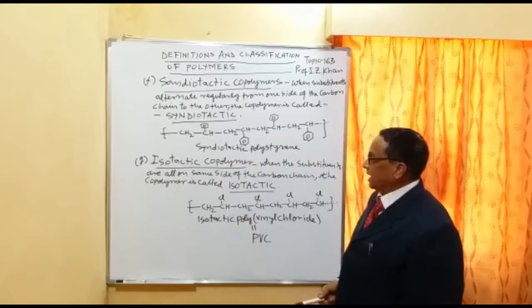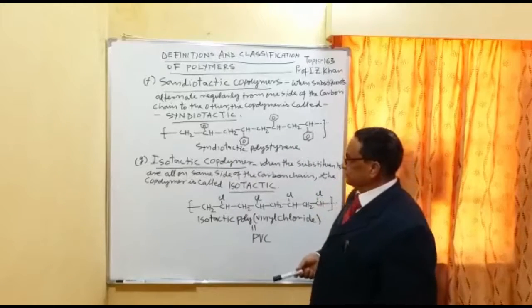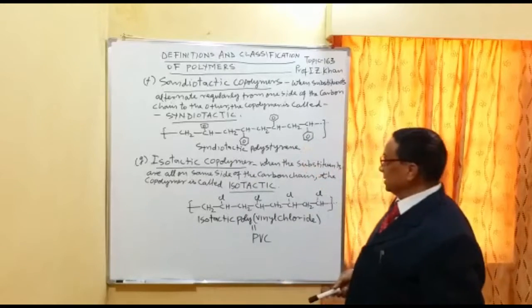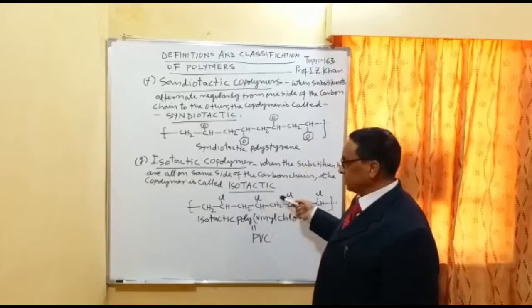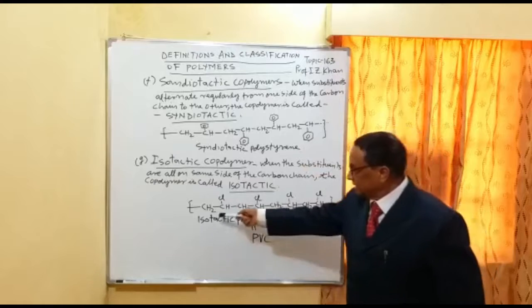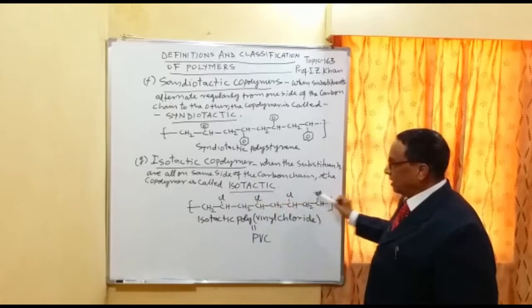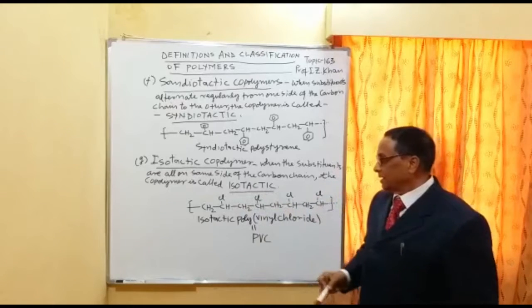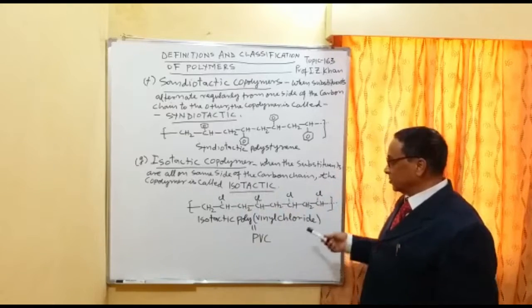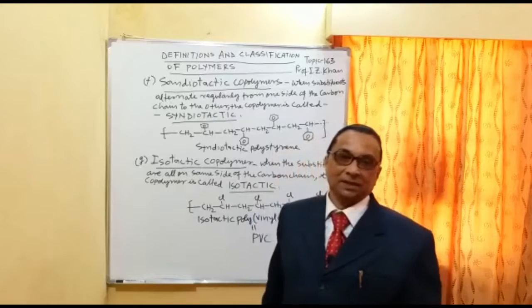Number G is isotactic copolymer. When the substituents are all on the same side of the carbon chain, the copolymer is called isotactic. So here I have given you in the bracket all the chlorine substituents are on the same side, and this polymer is called isotactic polyvinyl chloride, and this is a very common name, that is called PVC.